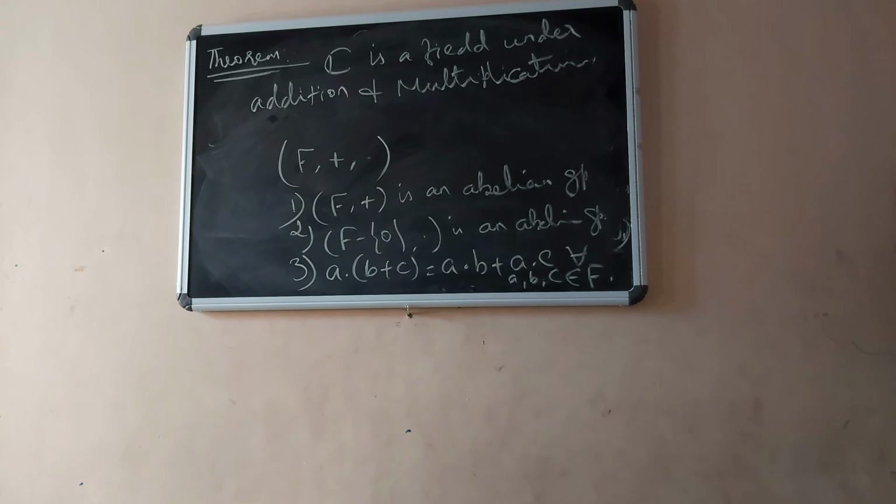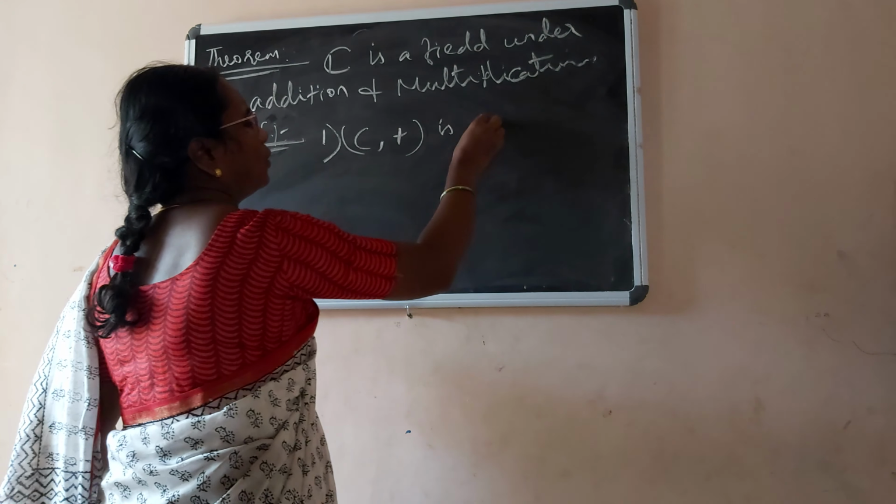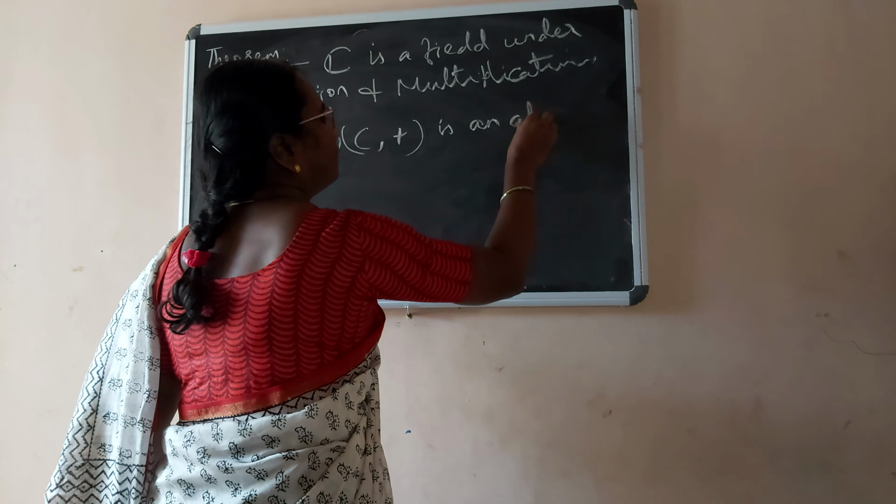What do we have to prove for this theorem? Now let us see the proof of the theorem. First we have to prove C comma plus is an abelian group. What does it mean by abelian group? A group with the commutative property is an abelian group.